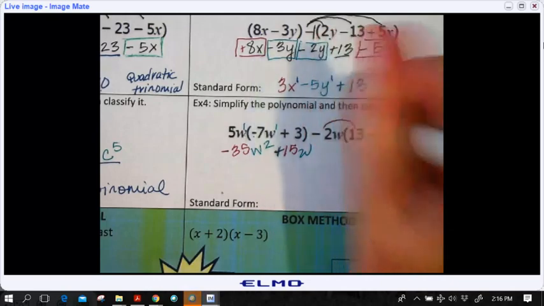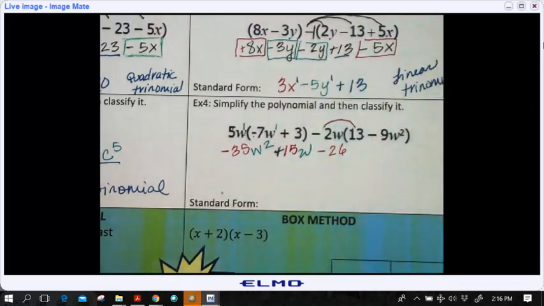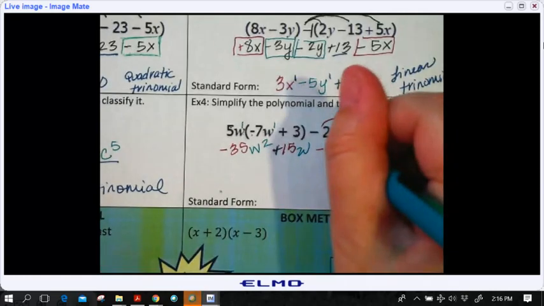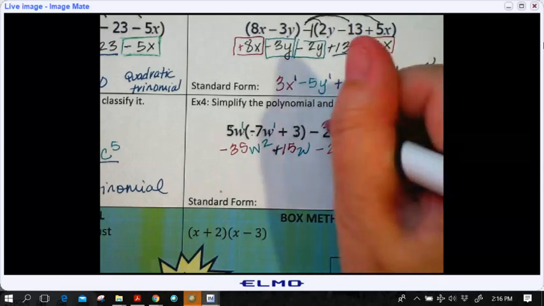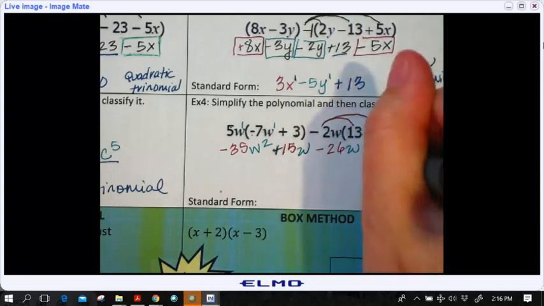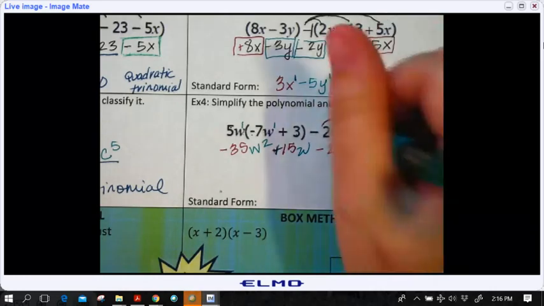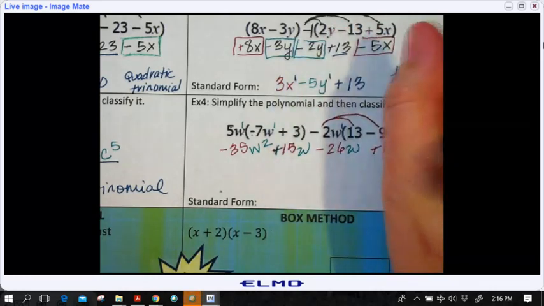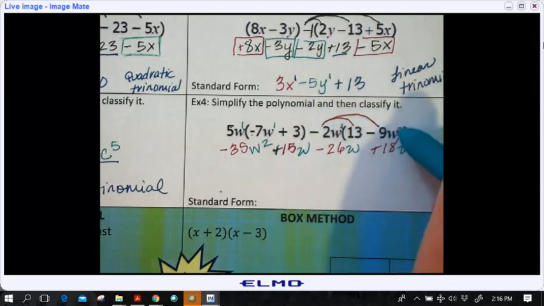So that's going to give me a -26. W times nothing is just w. And distribute one more time. -2 times -9 is a positive 18. And then w times w squared. So that's w cubed. And then I'm going to add them 1, 2, 3.